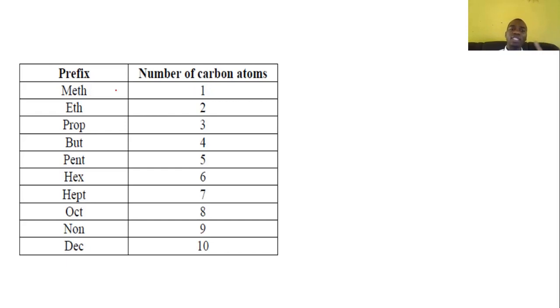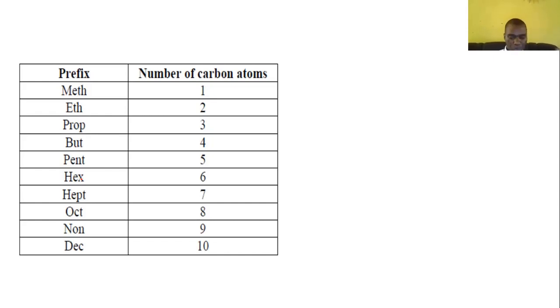It doesn't matter what letters follow after; as long as at the beginning there is meth, then you know it's one carbon atom. If it's eth, then it's two carbon atoms. If it's prop, then it's three carbon atoms. If it's hex, then it's six carbon atoms, and so on.